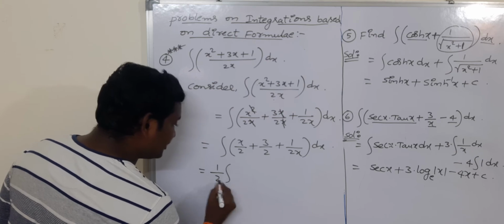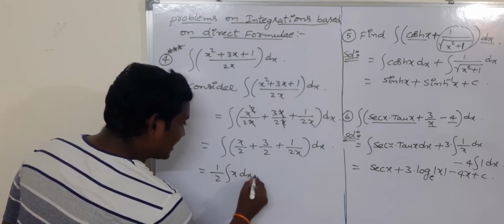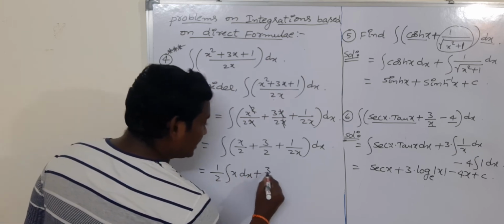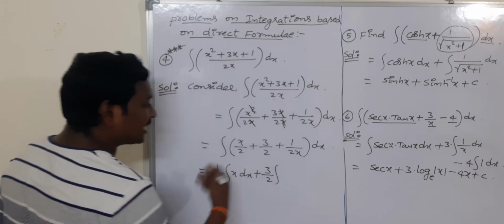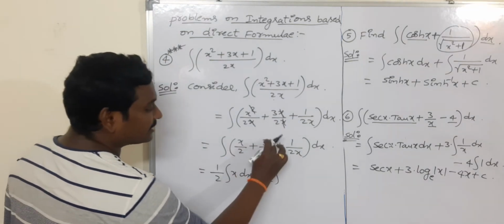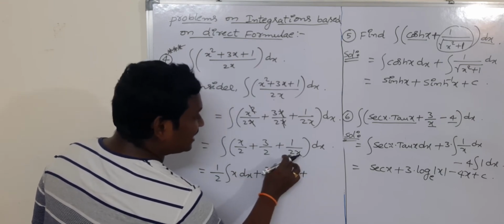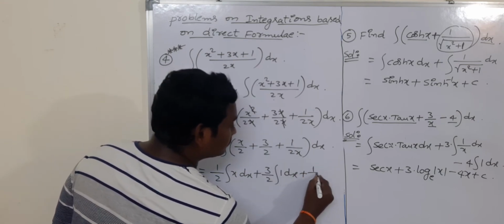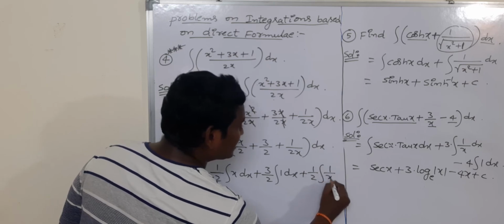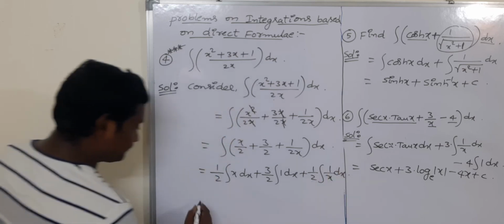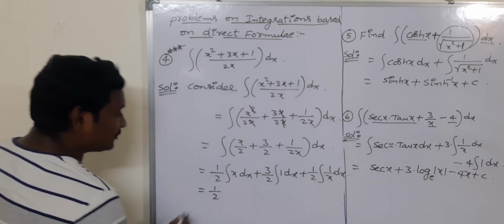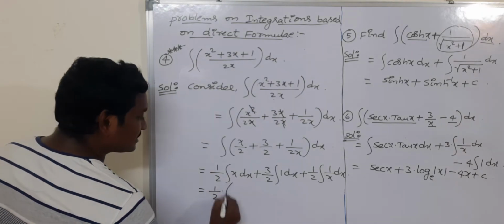So 1 by 2 into integral x dx, 3 by 2 is the constant term, so take it outside from the integration, remaining term is only 1, plus again here 1 by 2 is the constant term, so integral 1 by x dx. So that is equal to 1 by 2 into, what is integral x?